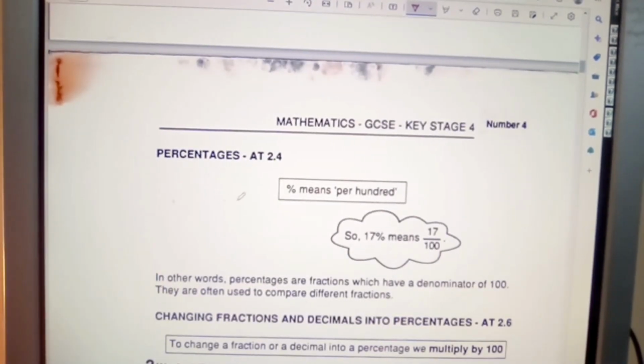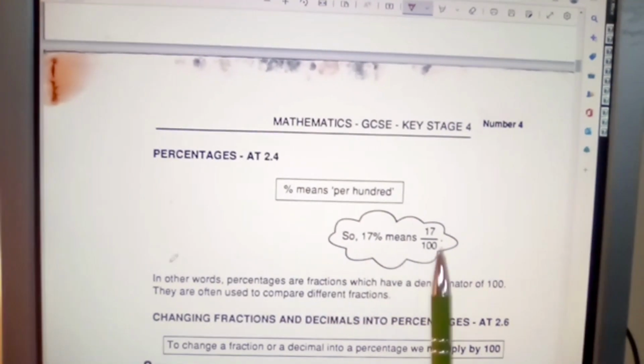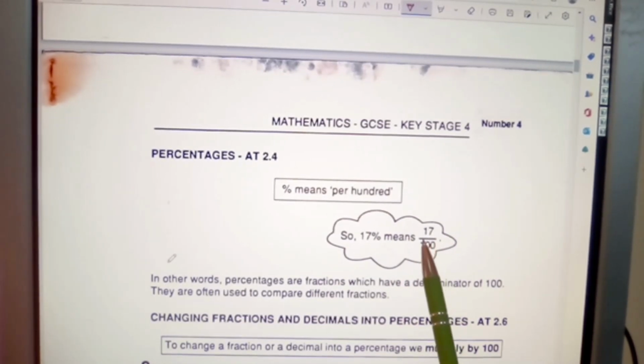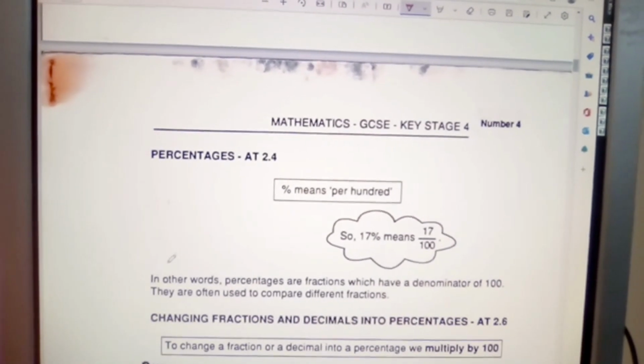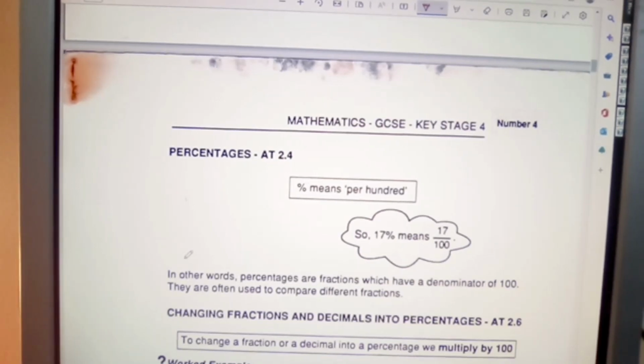Percentages, okay? Means per 100. It simply means per 100. So, for instance, 17% means 17 over 100. Okay? Now, you can take that as a fraction, or you can take it as a decimal.